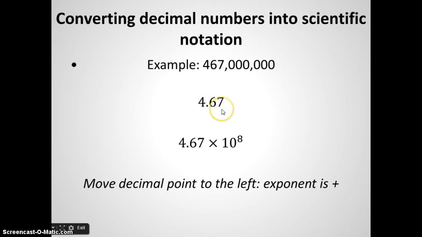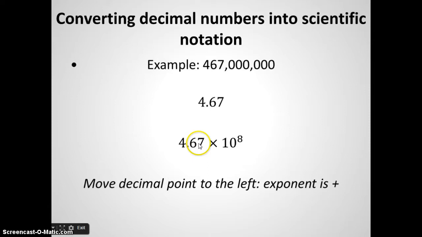If I've moved the decimal, I also have to tell how many places I moved it and multiply by 10. You notice there's no decimal here, but there really is an implied decimal. If the decimal's over here, what did I do to this number? I moved it 1, 2, 3, 4, 5, 6, 7, 8 places.